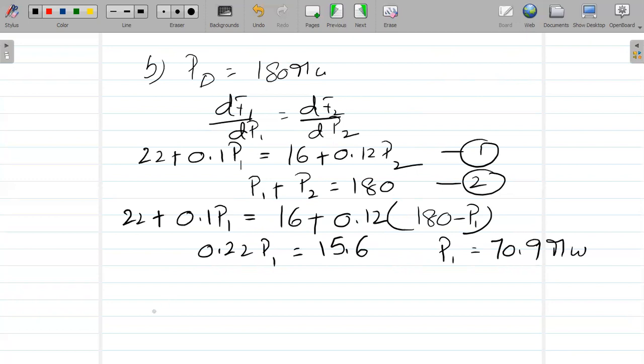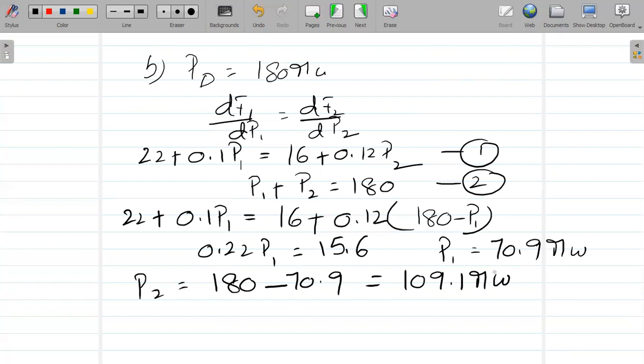Therefore, P2 equals the total load demand 180 minus 70.9, that is 109.1 megawatt. But here we are considering the constraints also, that is the minimum limit and maximum limit. P1 is within the limits, it is okay. The minimum limit is 20 megawatt and the maximum limit is 100 megawatt.